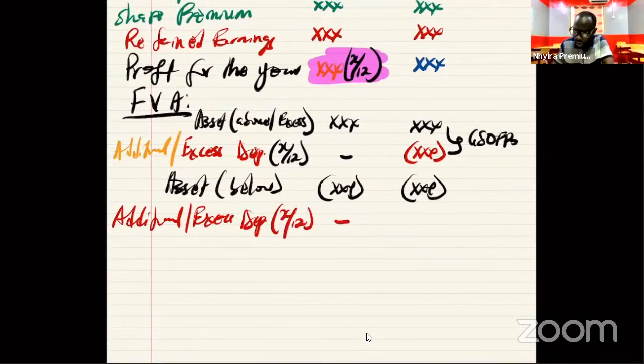And this time around, you add it back to the profit. So that at the end of the day, the excess of this will be deducted from the consolidated statement of financial position.